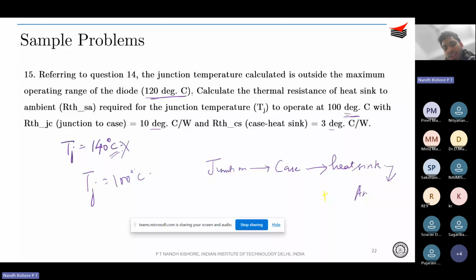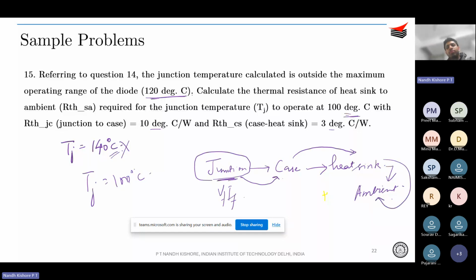Junction is where the power loss is happening, that is, VF into IF power loss, Tj increase, everything is happening in the junction only. But how do you take out the heat that is generated in the junction? It comes to the case, and from the case, you take it out into the heat sink, and finally from the heat sink, it is dissipated into the ambient.